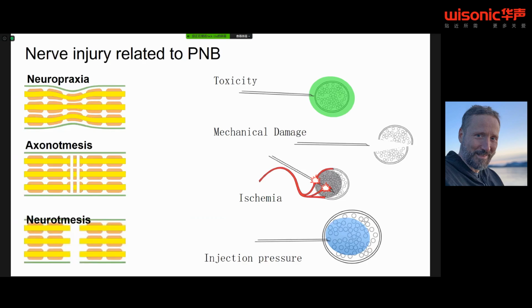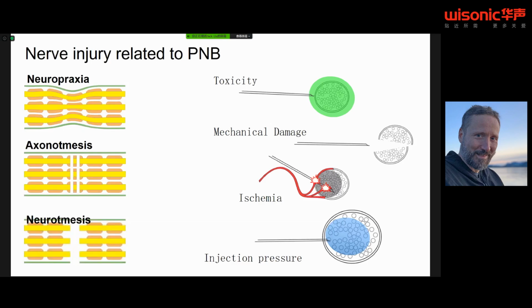And what is always stated as an important factor is a high injection pressure, where we forcefully inject the local anesthetic into the nerve, which might disrupt the axons. Depending on what happens within the nerve, we end up with a transient neuropathy or with a permanent nerve damage.